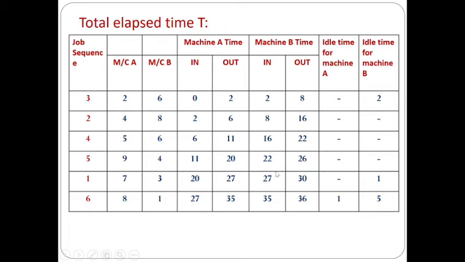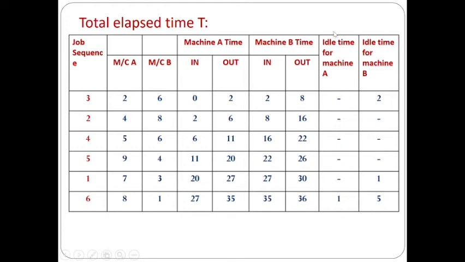Here there is an idle time of 1 minute. The time out of the previous job is 26 and the time in of the present job is 27. So there is a 1 minute idle time. That's why it is specified here. So 27 minus 26. In the same way here, 35 minus 30, which is 5 minutes. So this is also an idle time of machine B.